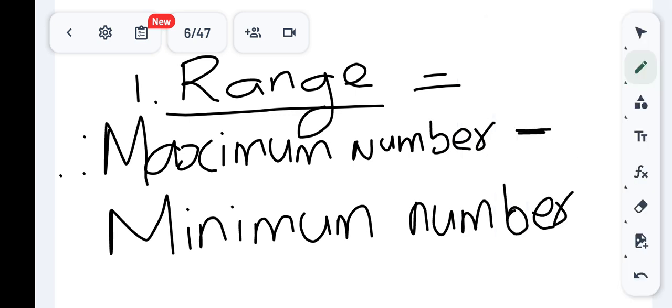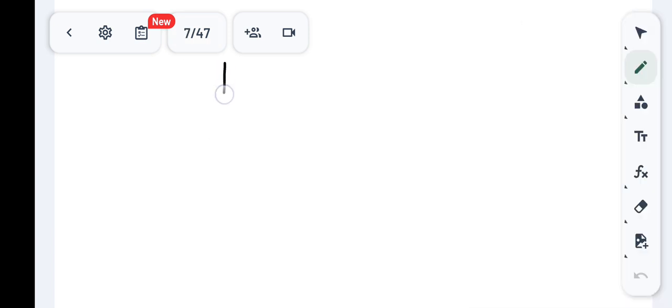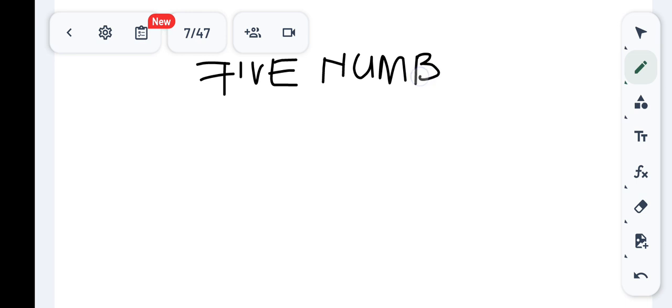Okay, before I talk about this, I want us to talk about the 5-number summary. The 5-number summary is used to represent data.